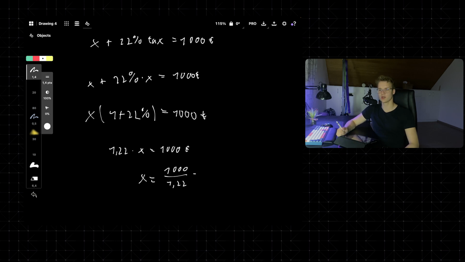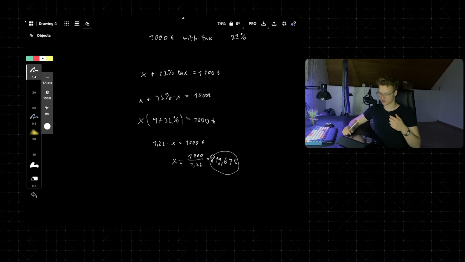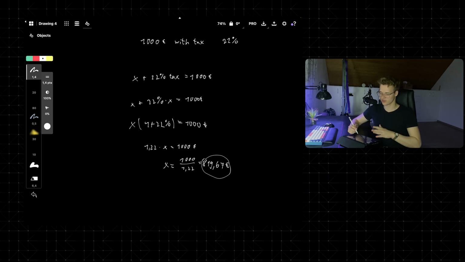And you get how much it is without tax. Now, if we use a calculator, the amount is gonna be 1,000 divided by 1.22. It's gonna be approximately 819.67 euros. Okay, so instead of paying 1,000, you actually only have to pay 820 euros, which is like 180 euros cheaper. Now, how the other person might have calculated it is just way too long. So please use this method.